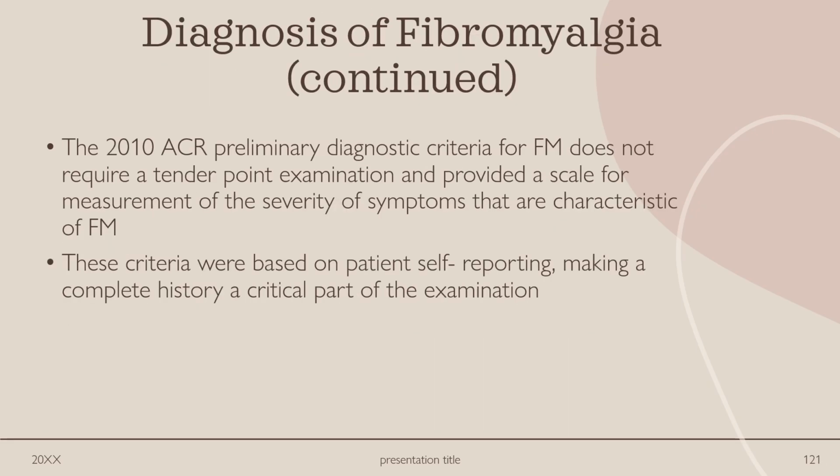In 2010, ACR preliminary diagnostic criteria for FM did not require a tender point examination and provided a scale for measurement of the severity of symptoms that are characteristic of FM. These criteria were based on patient self-reporting, making a complete history a critical part of the examination.